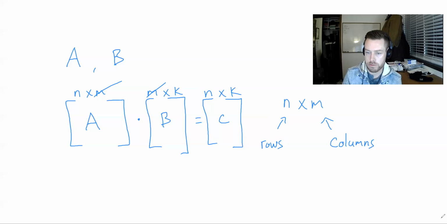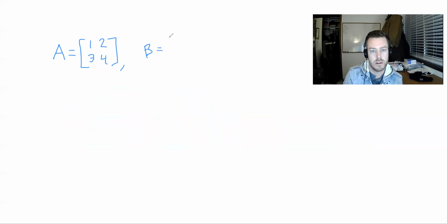Try it out for yourself. Let's maybe do one quick one. So let's just say I have a matrix A, right? Let's just do 1, 2, 3, 4. And I've got matrix B equal to 0, 20, 1, and -3, right?